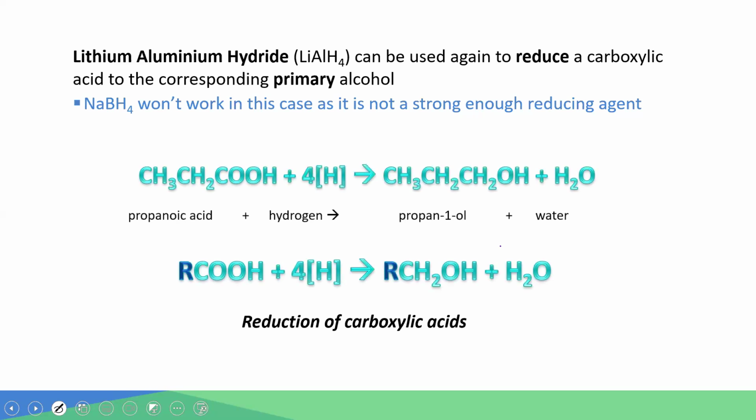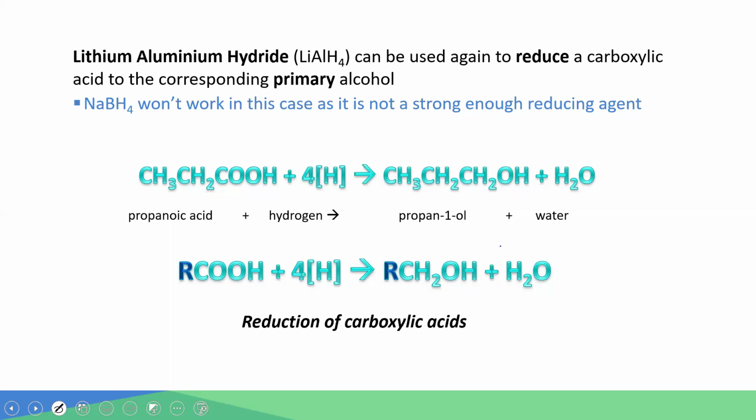Look at the example. CH3CH2COOH plus 4[H]. It means we are reducing it. Now, on the right-hand side, we are getting propan-1-ol and we are getting water also. This is reduction of carboxylic acid.